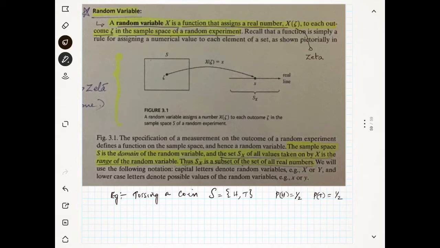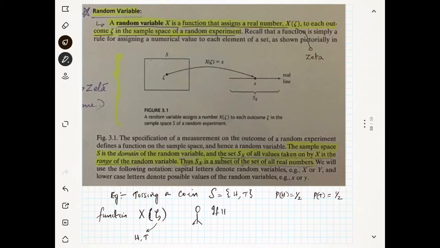Now I am going to define a function, X of zeta. Here zeta is the sample space, so it can be either head or tail. Suppose one person is standing here and assigning a value to the head.